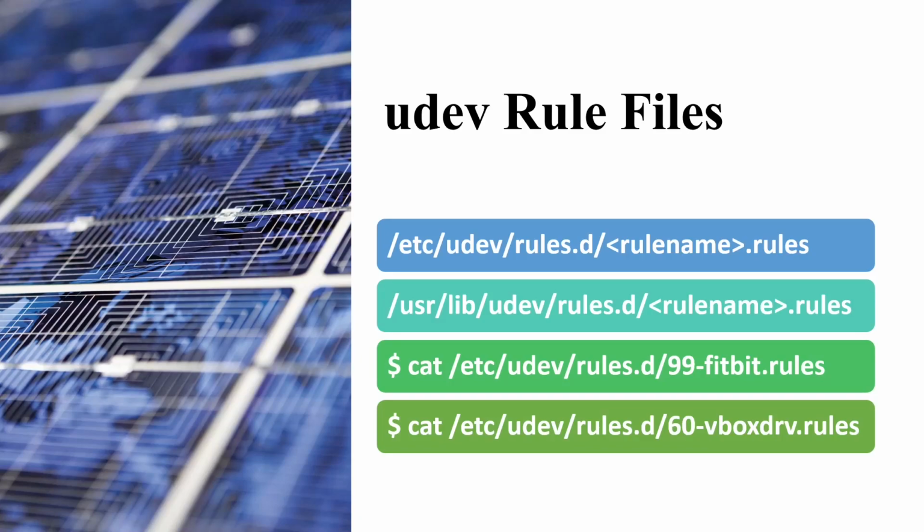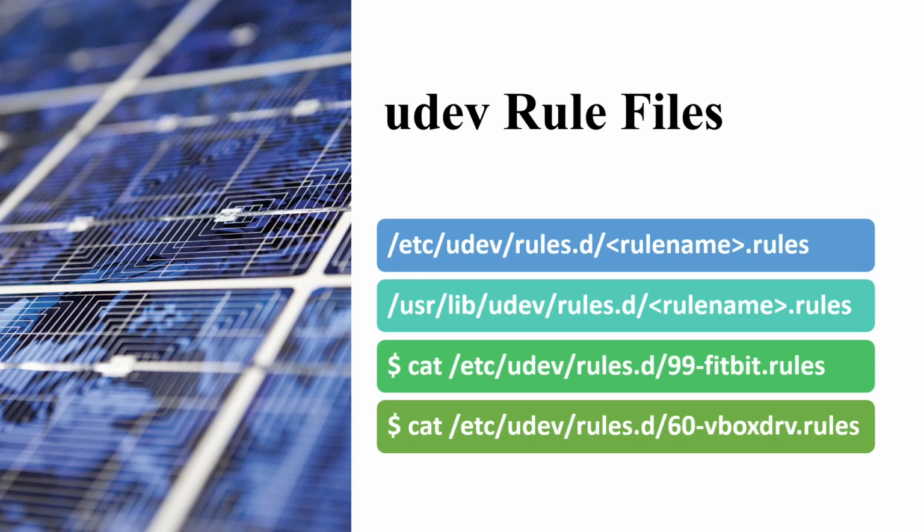udev rules. udev rules files are located under /etc/udev/rules.d/rulename.rules, and /usr/lib/udev/rules.d/rulename.rules, with names like 30-usb.rules, 90-mycustom.rules, 70-mos.rules, 60-persistent-storage.rules, right? There are two separate parts defined on a single line.